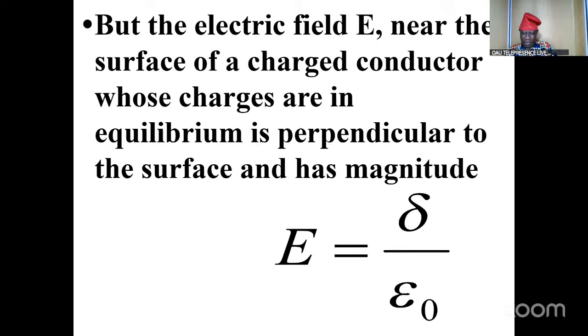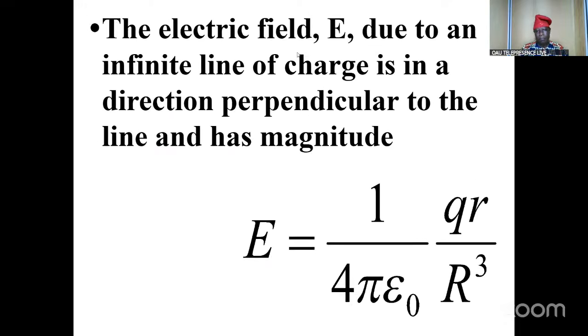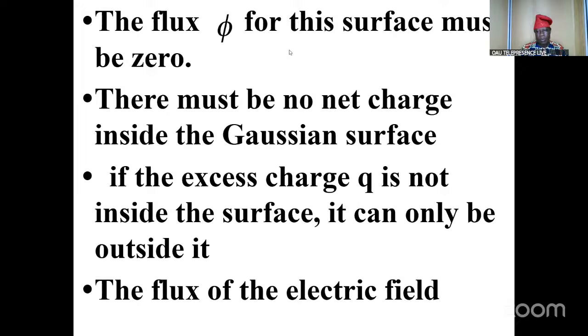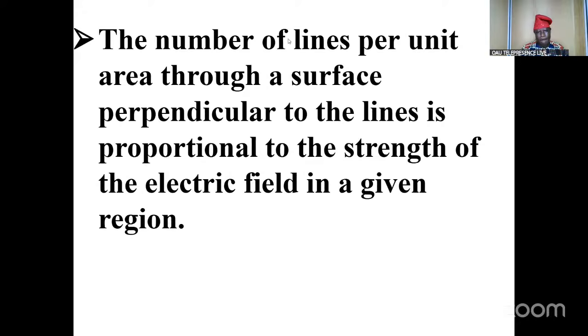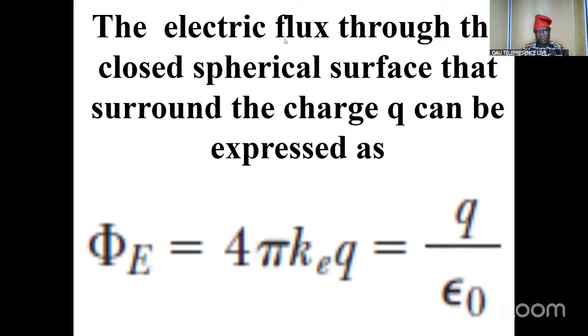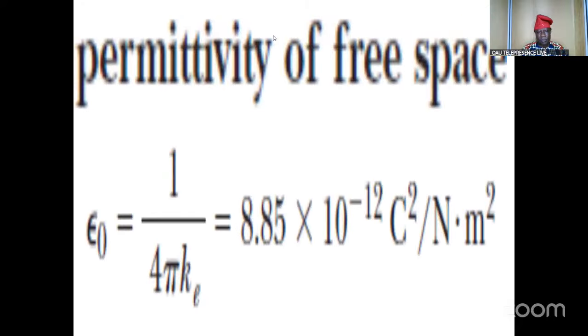You cross multiply so that E multiplies epsilon naught directly, and that gives you your answer. Take note of the units of sigma.